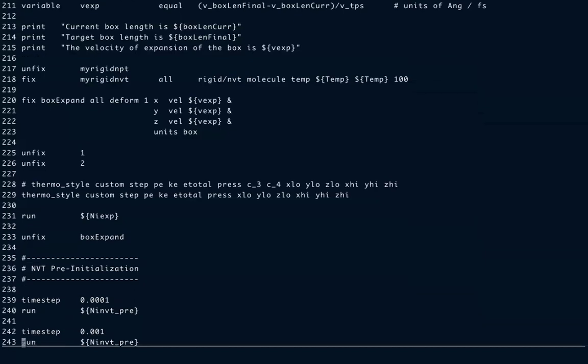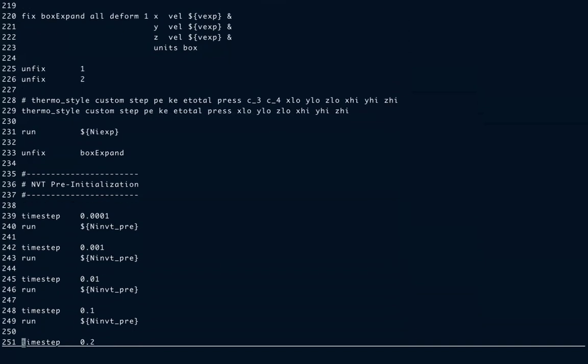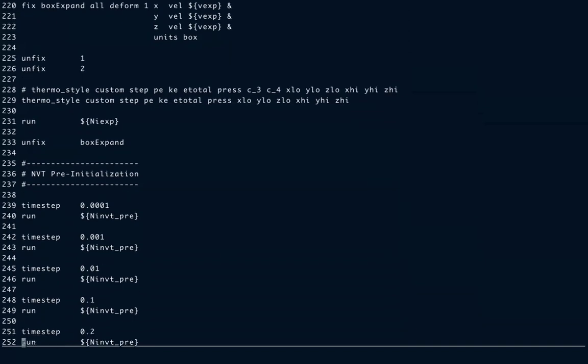With this fixed box, now I repeat the same procedure that I did for the NPT, where I have a pre-initialization to equilibrate the system for this temperature.